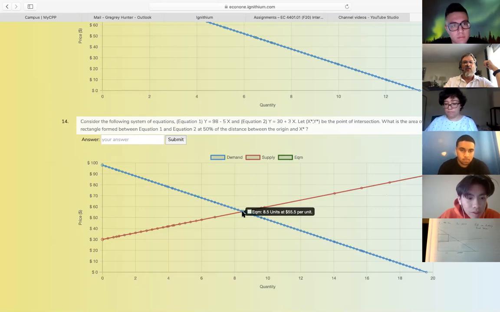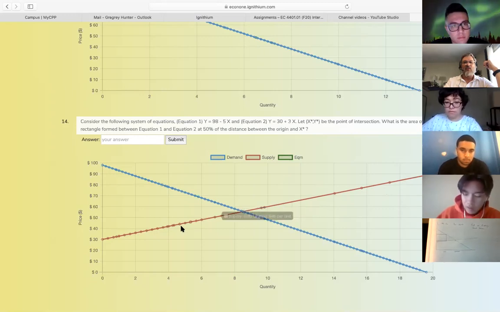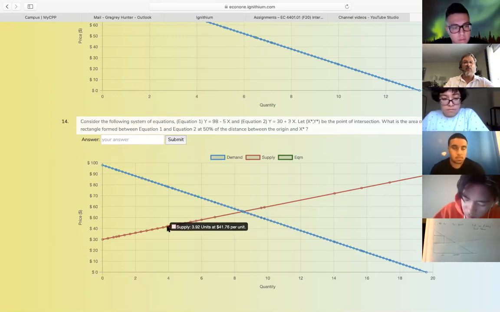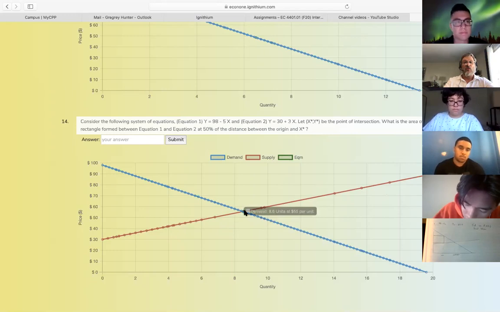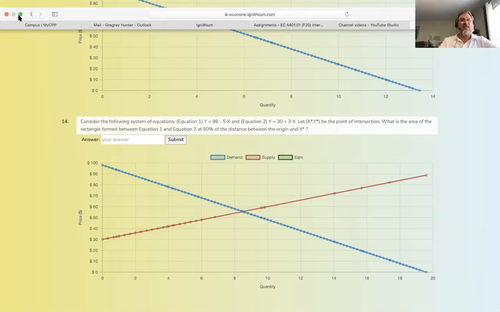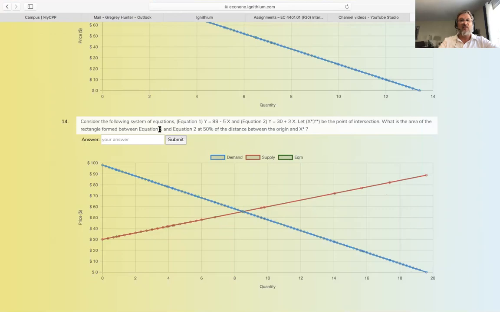Can I just draw it out real quick? Yeah, that's what I would do. I'm going to look carefully here. It says 50% of the distance between the origin and X star. X star there is 8.5, so half of that is 4.25, right?